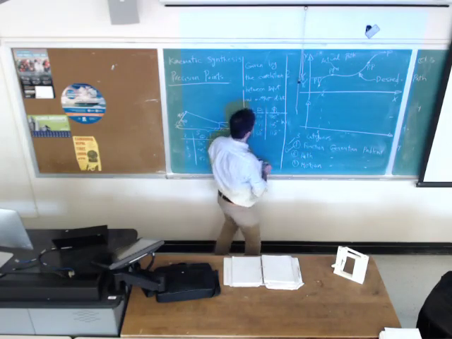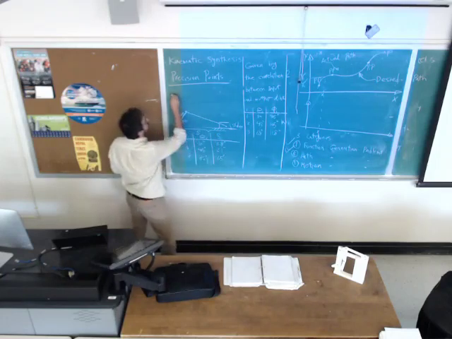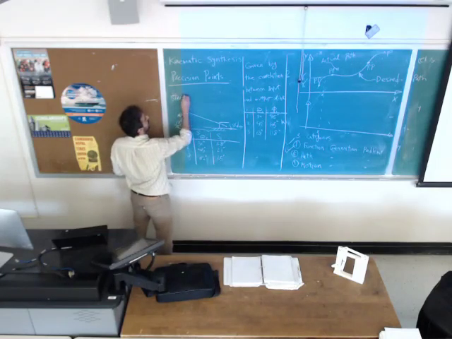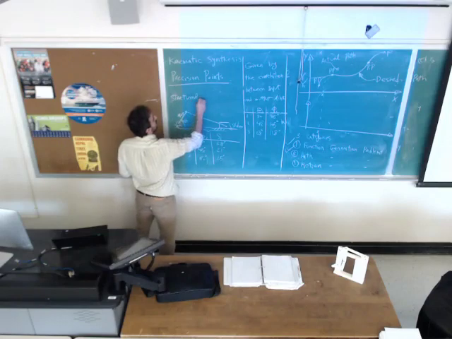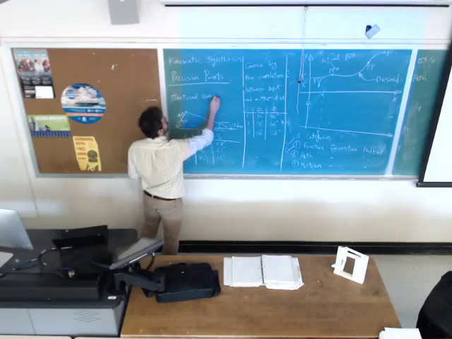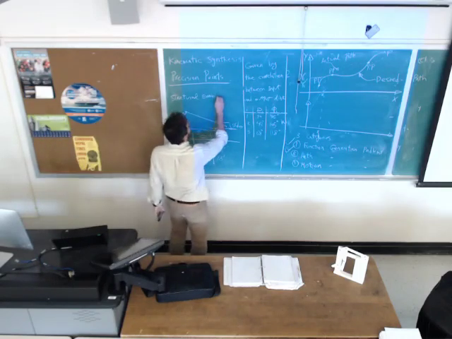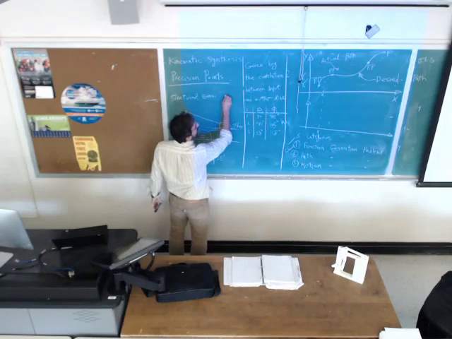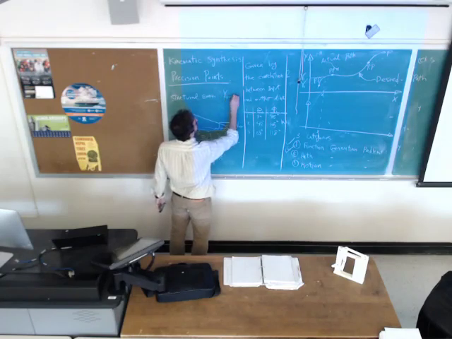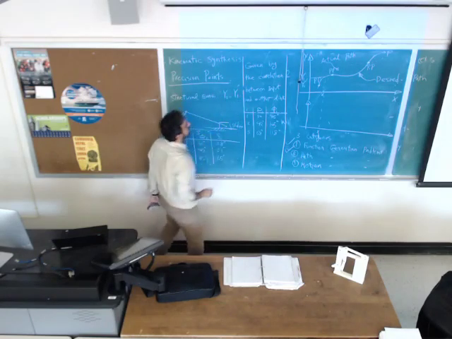So a structural error is defined as y1 minus y prime 1.